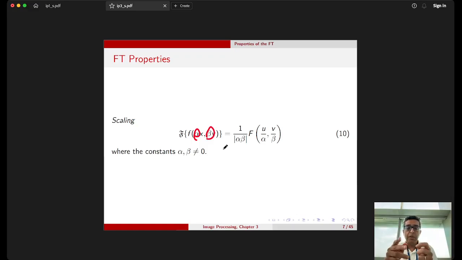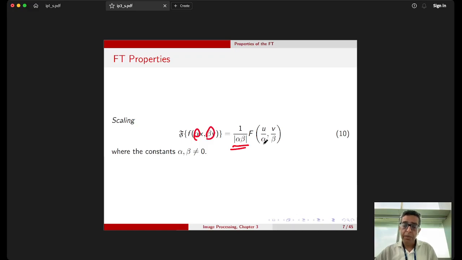If we make alpha and beta between 0 and 1, so not 0 and not 1, but actually in between, so they're fractional, then what happens is we have a spatial dilation. So we expand the image in space, and we have the converse result in the Fourier space, plus a scaling of the amplitude by 1 over the magnitude of alpha beta.